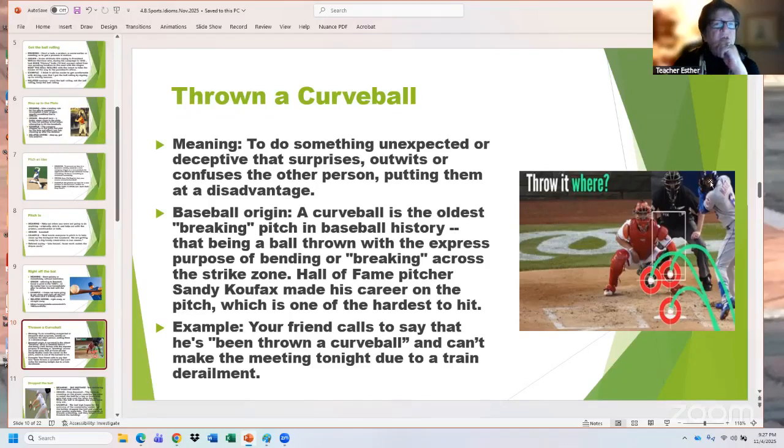The hitter is deceived by this pitch because he thinks it looks like it's right there where he should be able to hit it, and as he comes to hit it, that ball drops dramatically.